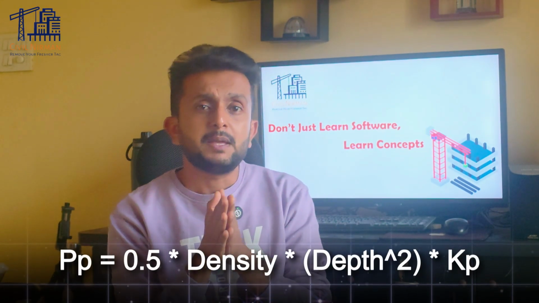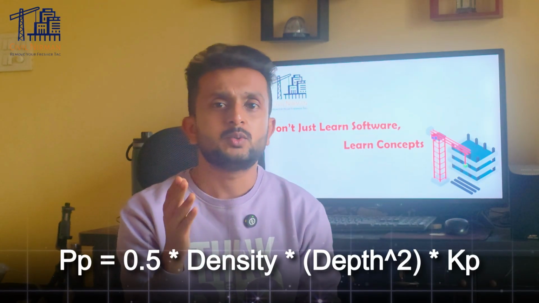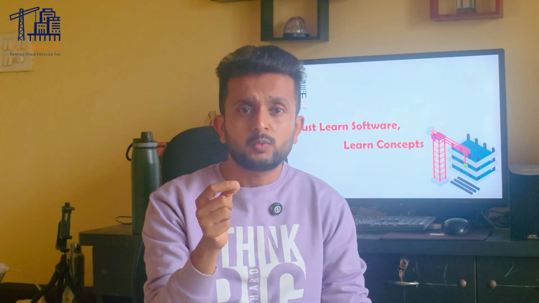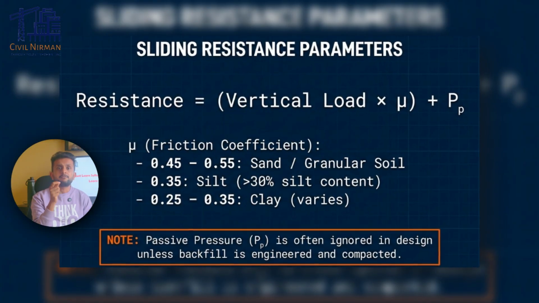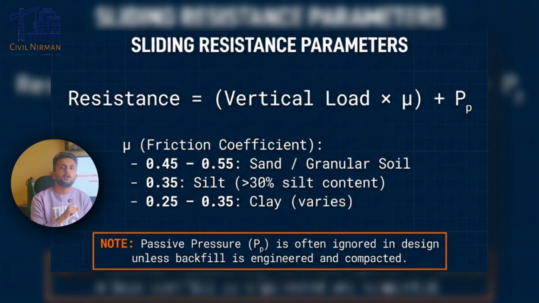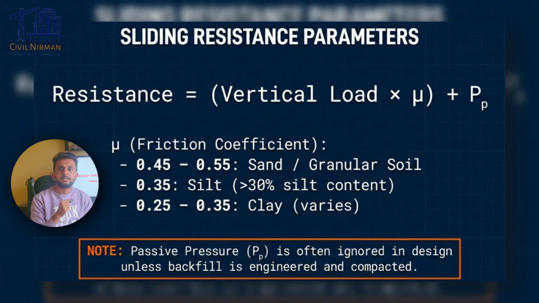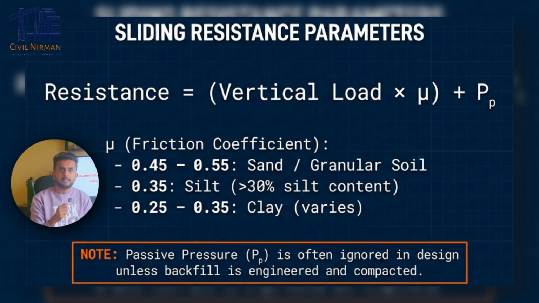PP is 0.5 times density times depth, so you already know how to calculate the passive pressure. Here is the equation. An important note here is that Teng's book says that for small projects, we often ignore passive pressure to be extra safe, or because we cannot guarantee the soil will stay there.